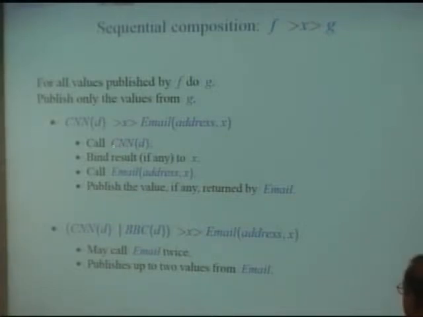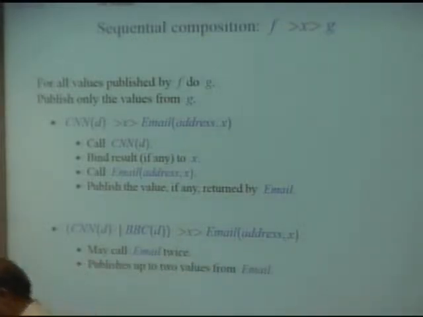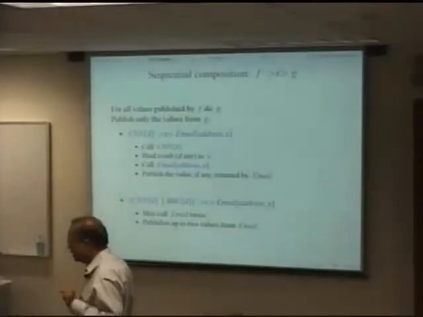So these are the steps that will happen. Call CNN, bind result, call email. And the value published by this expression is the value published by the last part. Any value published by CNN is consumed internally with this x. So this is pretty similar to what you would do in a normal Java program. You will put a semicolon to say this is the first part, that's the second part.